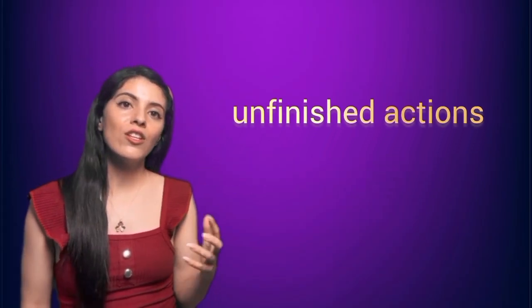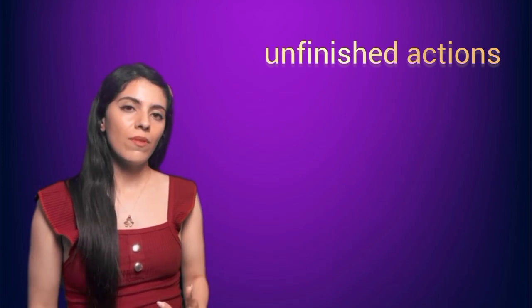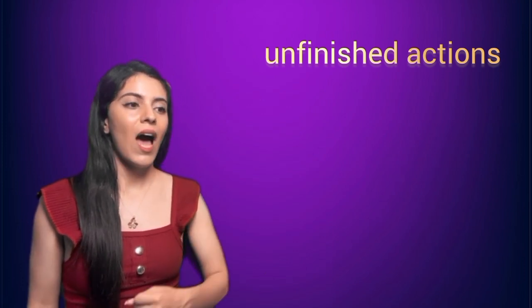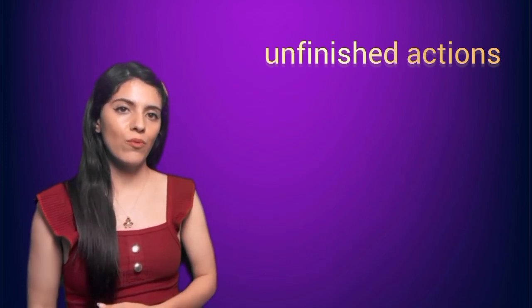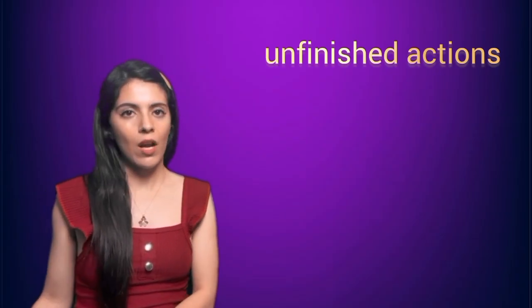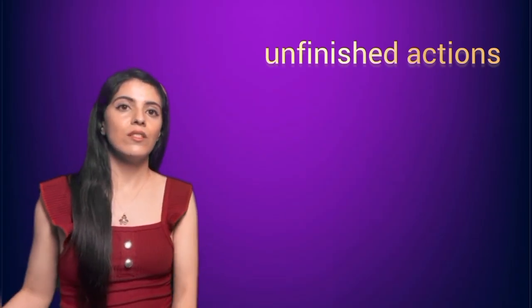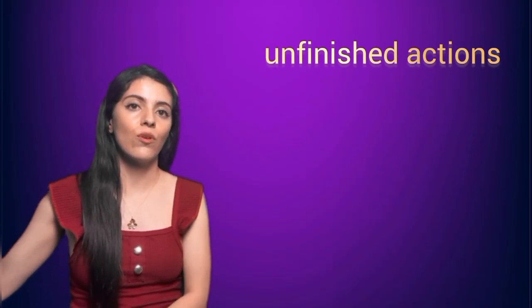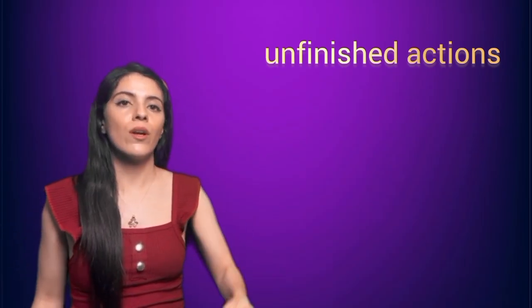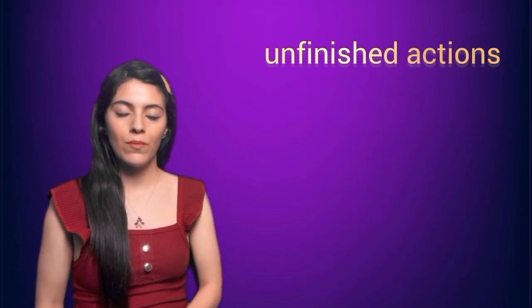Next one, we use present perfect when we're talking about an unfinished action, something that has started in the past and is still continuing to the present. I don't care about the future, whether that action is going to continue to the future or not. I just care about the moment. Okay?